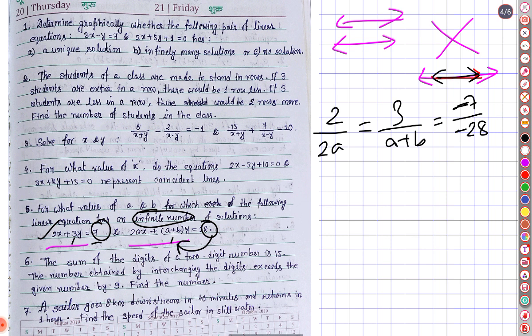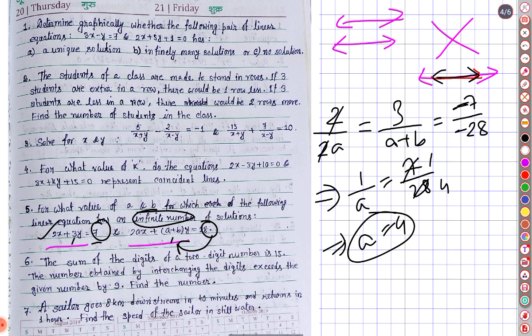If one is on the right side, 7 on the right side of the equal sign and 28 on the left side, then you will get the wrong answer. Okay, fine. Now we will simplify. The 2s cancel out, so that is 1, and 7 upon 28. If we reverse both sides, taking the reciprocal, we get a is equal to 4.